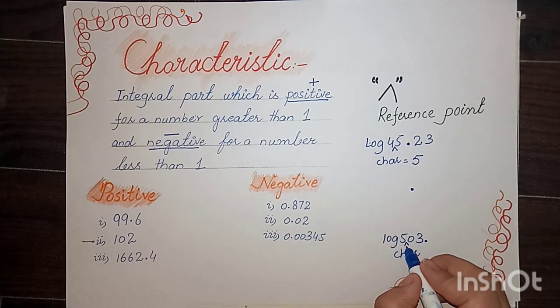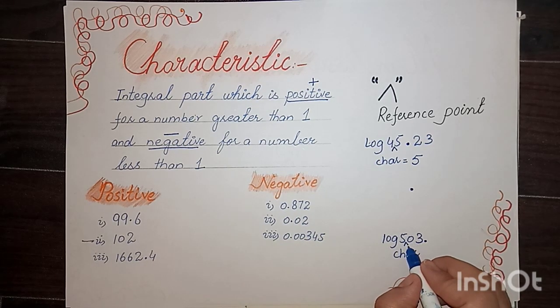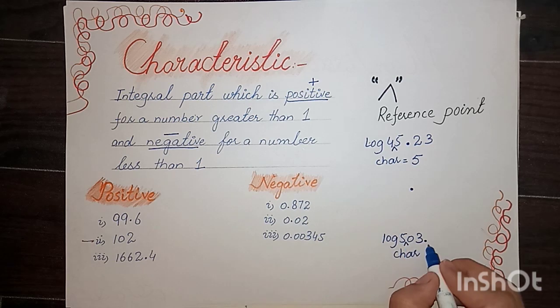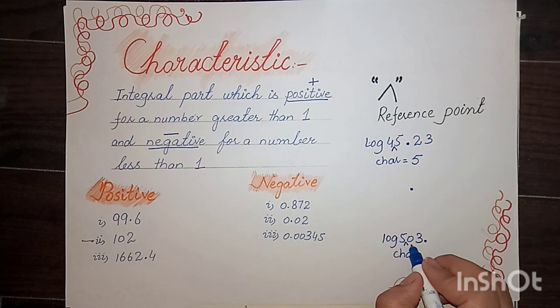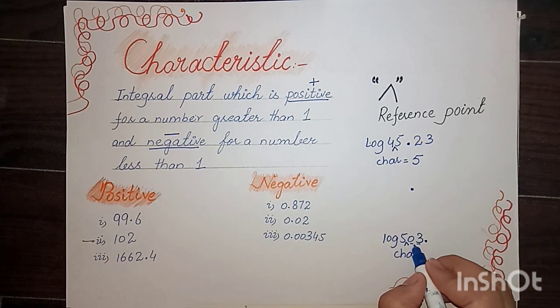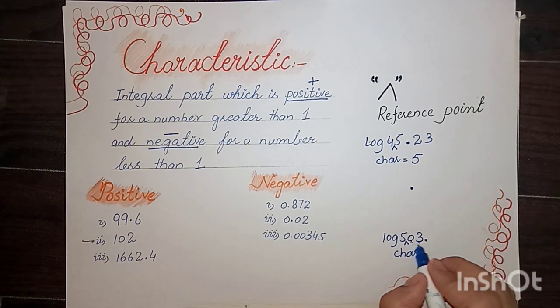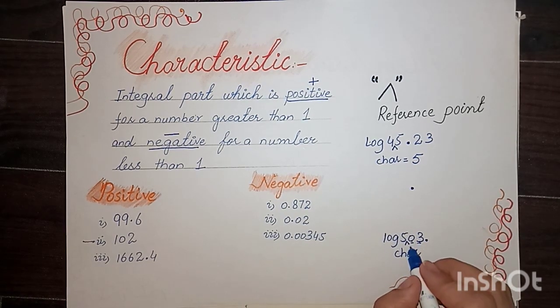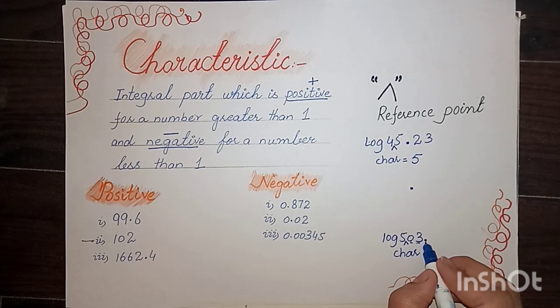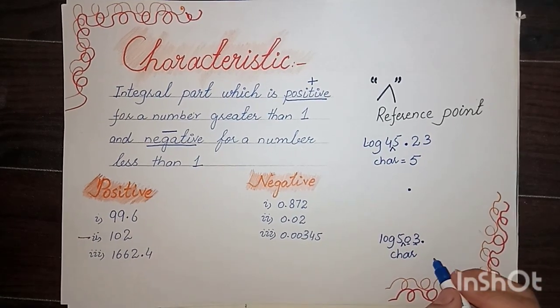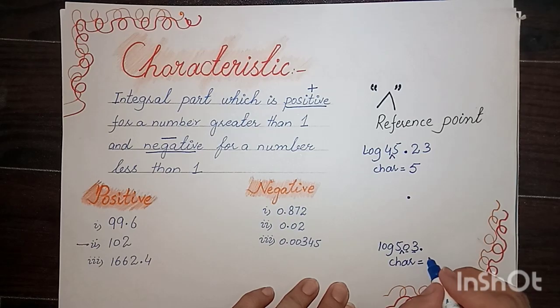So I will draw it here in 503. How many digits are between the reference point and the decimal point? These are 0 and 3: 1, 2. There are two digits, so my characteristic is equal to 2.